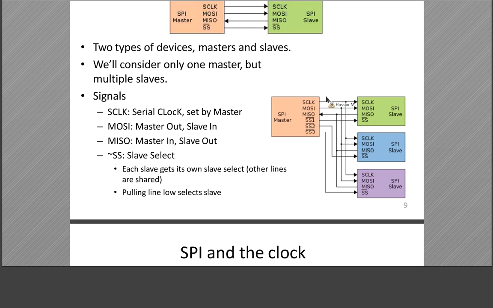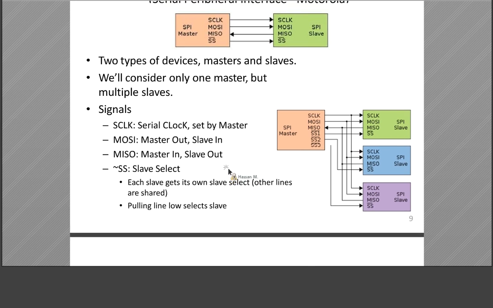The others are shared: serial clock is shared between all of them, and MOSI and MISO are shared between all of them. But chip select is separated, as in your project, the double 7-segment project, that's right.